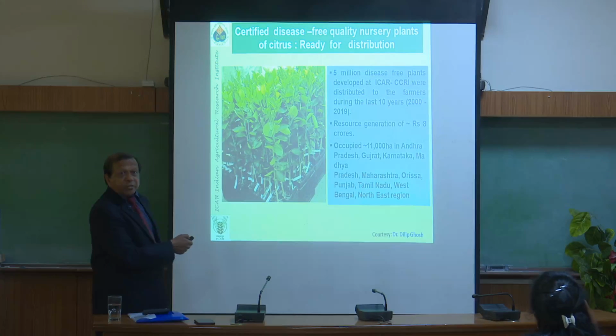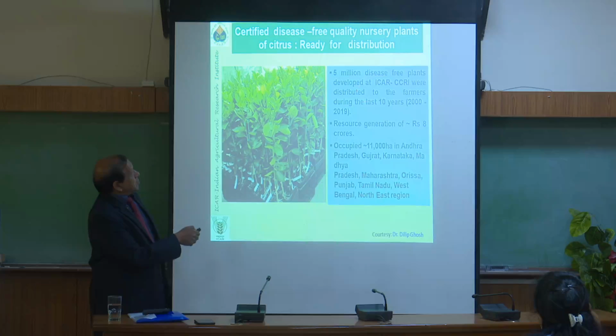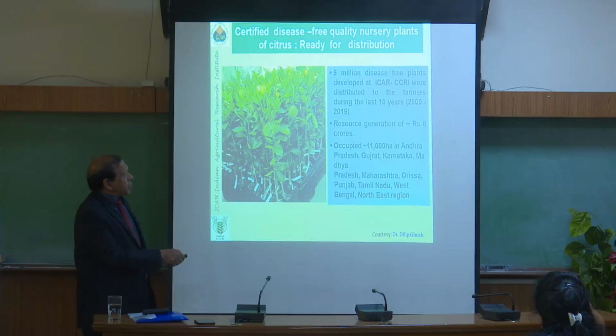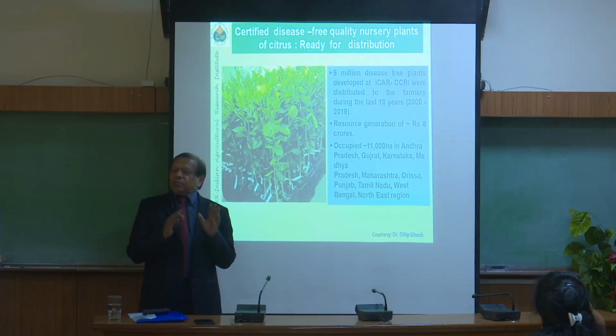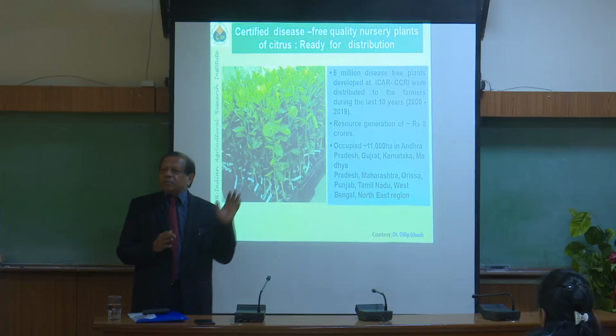This resulted in a resource generation of about 8 crores. And these 5 million disease-free plants have occupied approximately 11,000 hectares in places like Andhra Pradesh, Gujarat, Karnataka, Madhya Pradesh, and so on. So, just to give you an example of how viral diagnostics have been very successfully deployed.